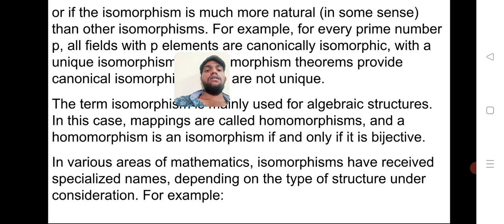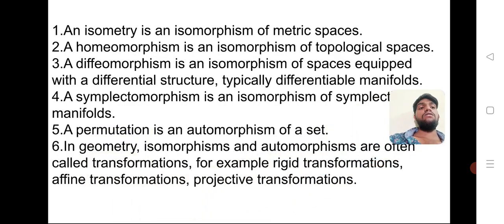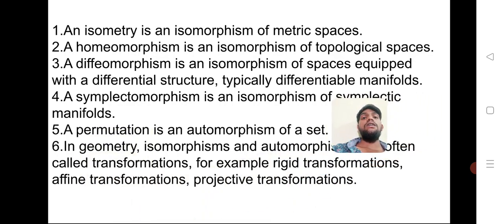In various areas of mathematics, isomorphisms have received specialized names depending on the type of structure under consideration. For example, an isometry is an isomorphism of metric spaces. A homeomorphism is an isomorphism of topological spaces.